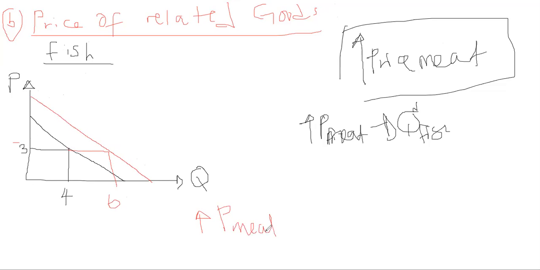So we are looking at the relationship between two goods: the price of one good and the quantity demanded of another good. In this case, the price of meat and the quantity demanded of fish. We assume that there is an increase in the price of meat. Because of that, it leads to what? Increase in the quantity demanded of fish. And if this happens, we say that these two goods are what? Substitute goods.